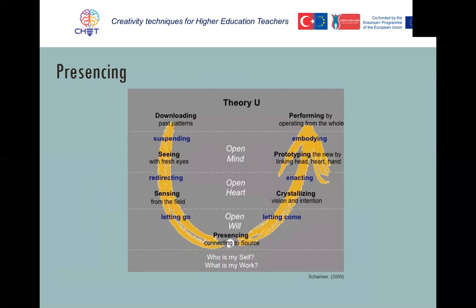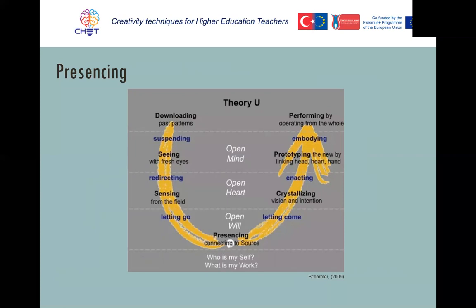But what you really need to learn is to suspend what you know. You need to redirect what you see and to let go of what you felt before, and only then you will arrive at the point where you connect to the source of new ideas.